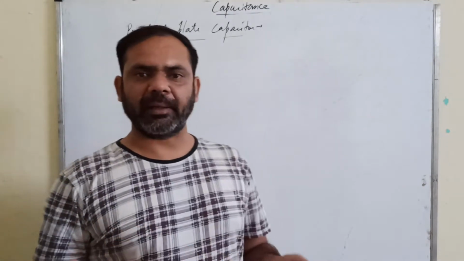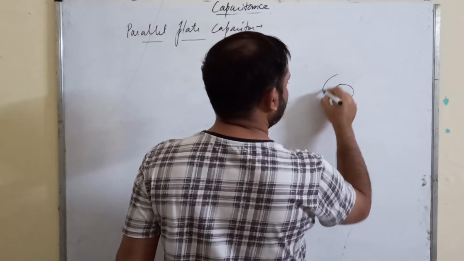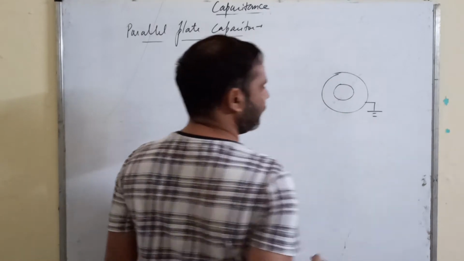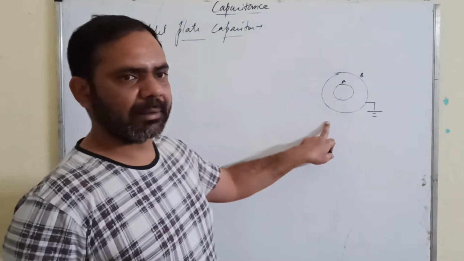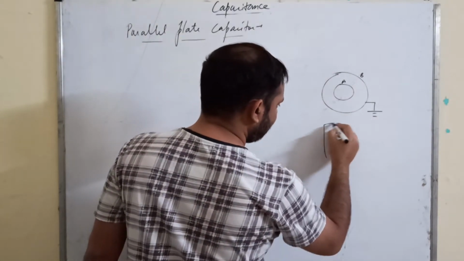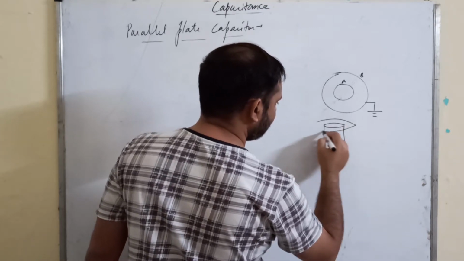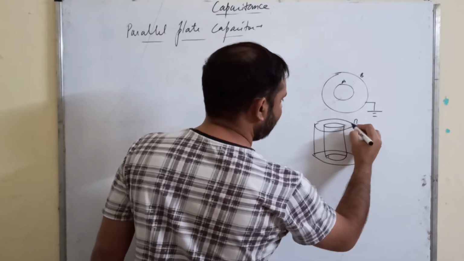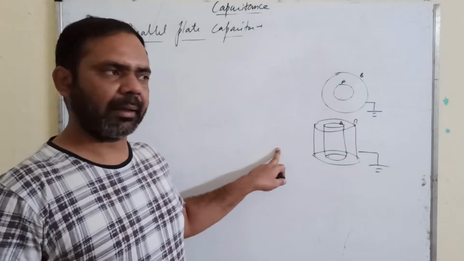Now if the plates are spherical in shape, suppose we have one plate and this is the second plate, this is plate A and this is plate B, then this is called a spherical capacitor. If you have cylindrical plates, this is plate B, this is plate A and it is earthed here, then this is a cylindrical capacitor.